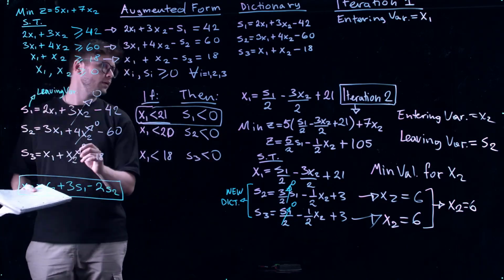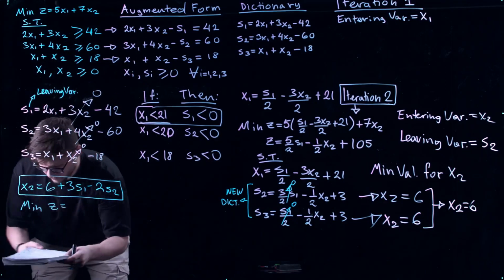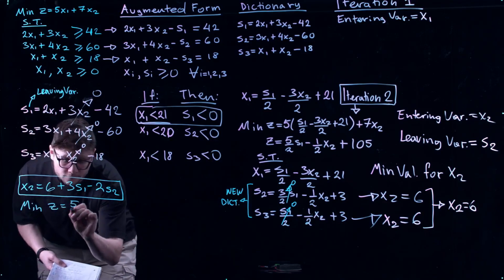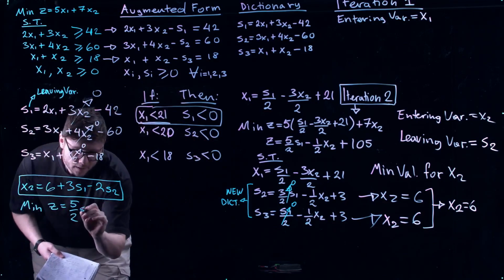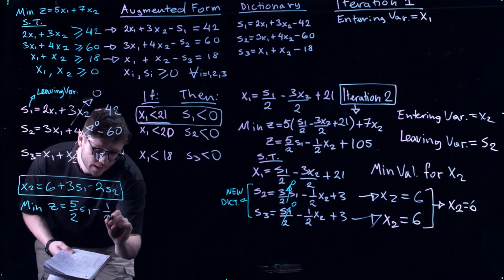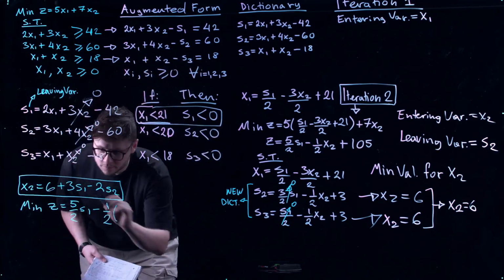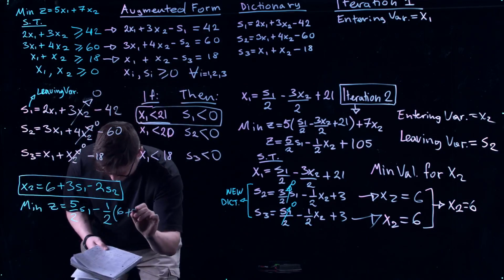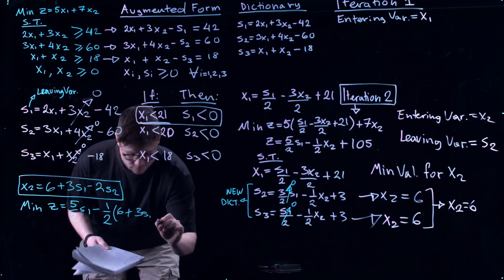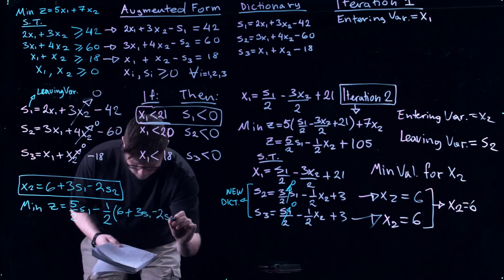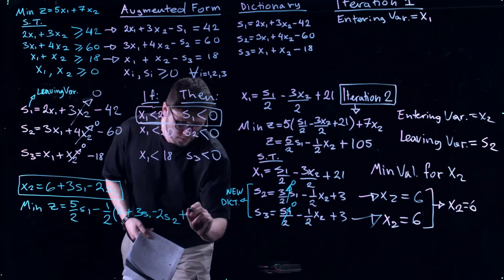So what we will wind up with is minimizing z equals 5 over 2 times s1 minus 1/2 of x2, and that's going to be this. So it's 6 plus 3s1 minus 2s2 plus 105, a constant.